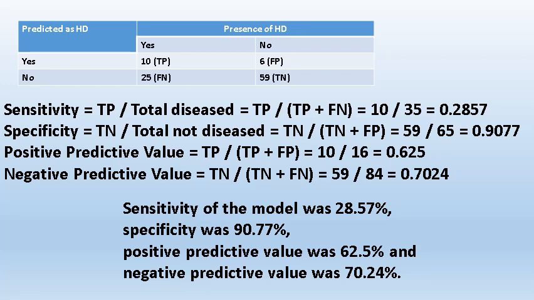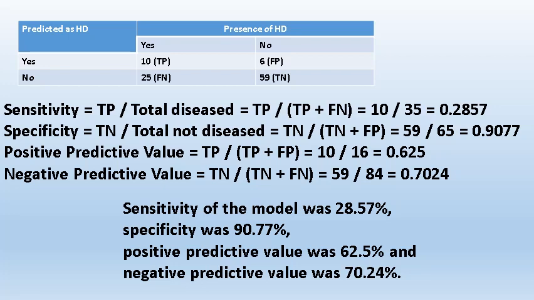So sensitivity is true positive divided by total diseased individuals, that is, true positive divided by true positive plus false negative. That will give 0.2857. Specificity is true negative divided by total not diseased. True negative is 59 divided by total not diseased, 65.